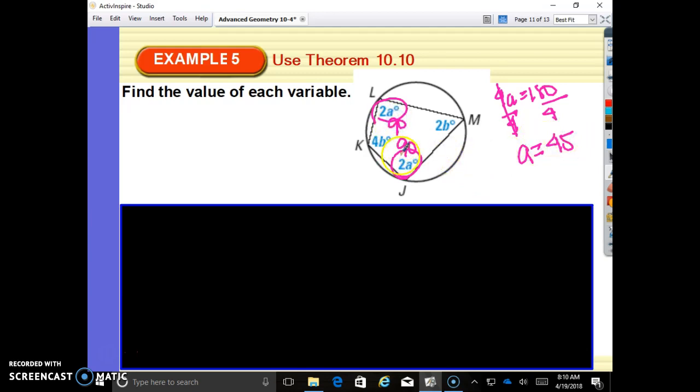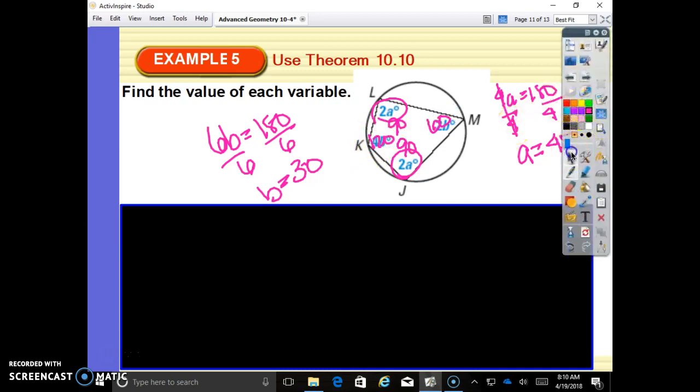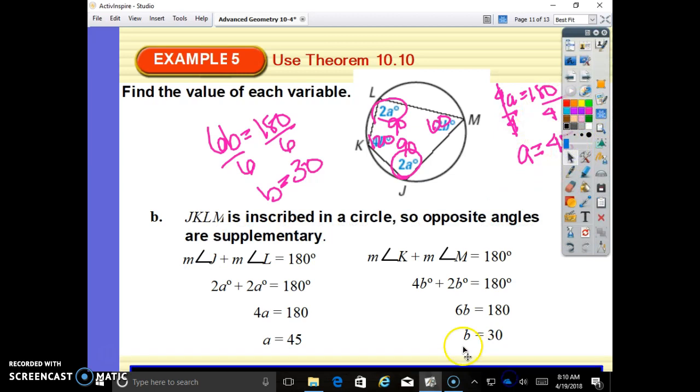Because if they're both the same thing and they both add up to 180, then they're both half that, which is 90. 4b and 2b: 6b equals 180. 180 divided by 6, b is 30. So we're going to have 60, 30 times 2, and 30 times 4, 120. A is 45. B is 30.